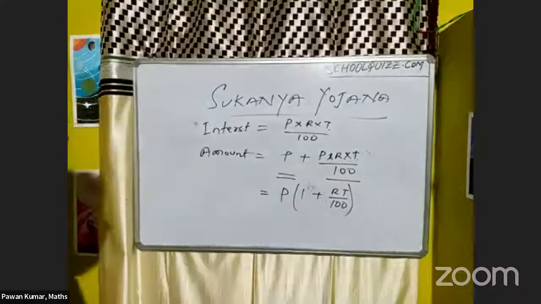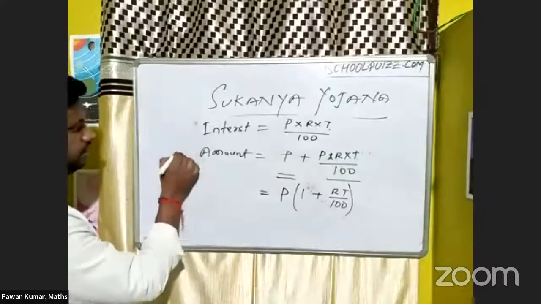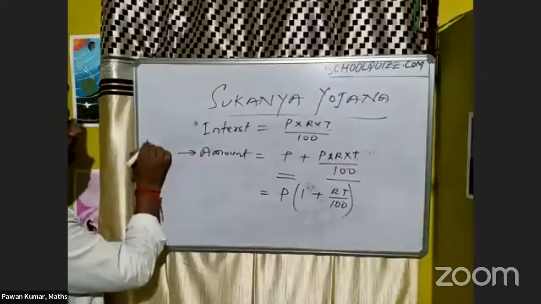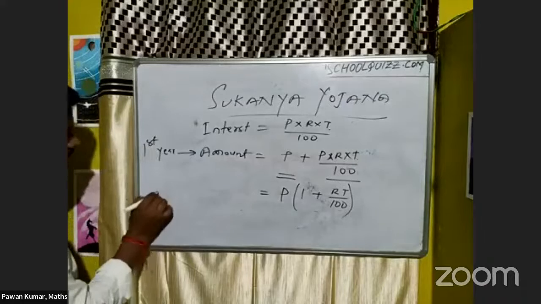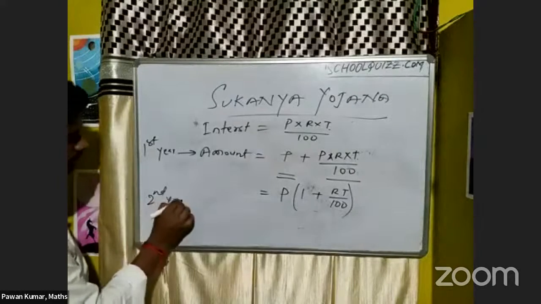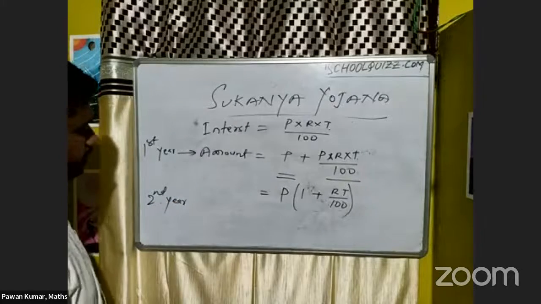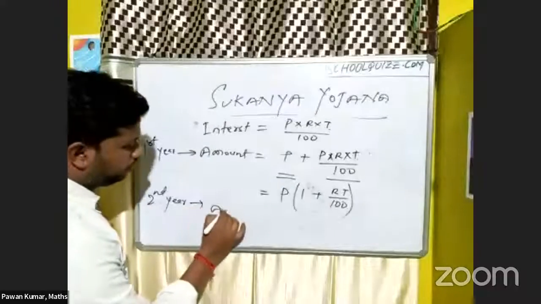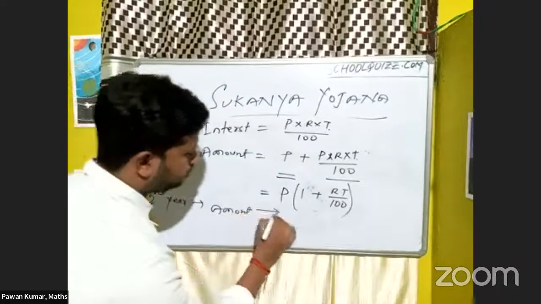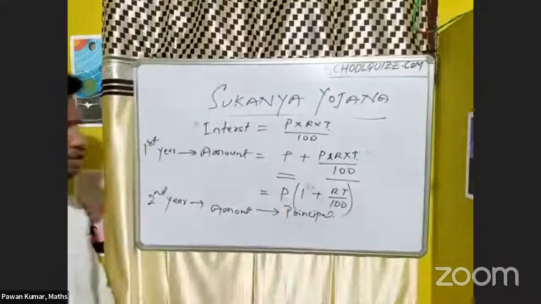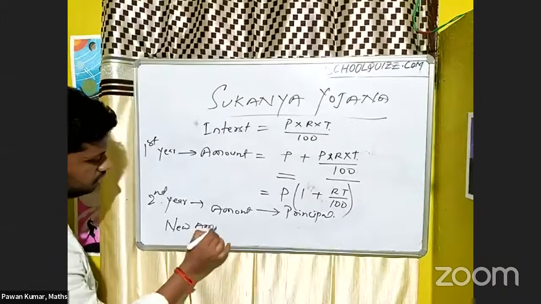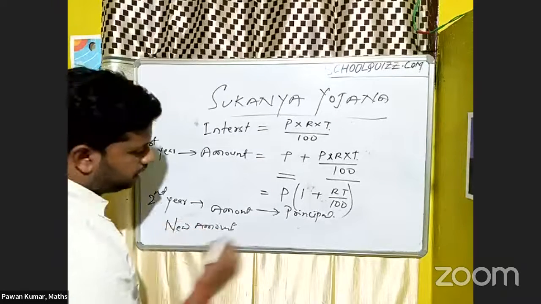Let this be the first year. And if it is for the second year, what will happen? Your amount will change to principal. Correct? Your amount will change to principal. So now your new amount will be how much?